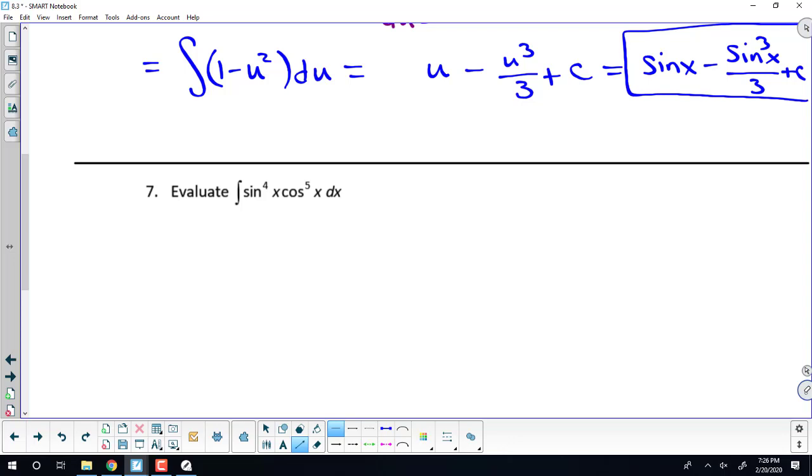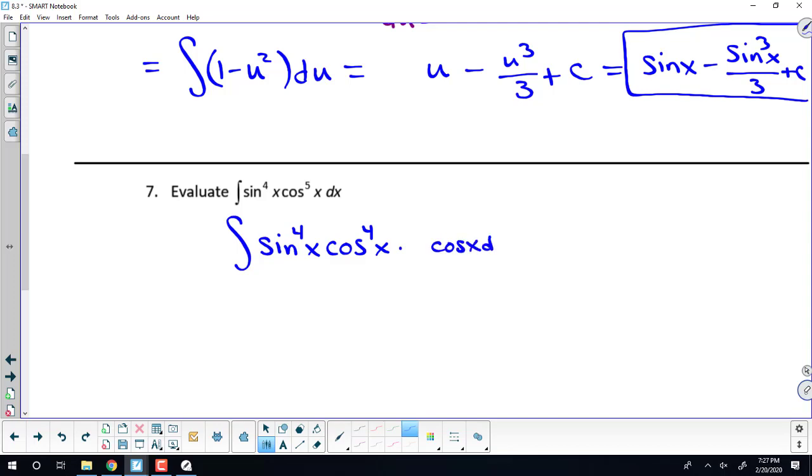Since cosine has an odd power, I'm going to split one of those off and write it with the dx. So I'm going to say that this integral is sine to the 4th times cosine to the 4th times my cosine that I split off, cosine x dx, because cosine is odd.